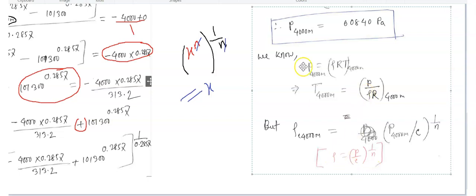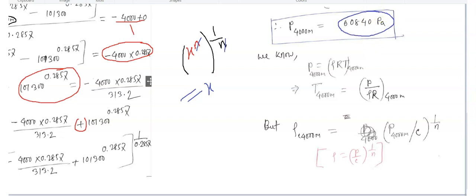So we know this equation, rho equals P over C1 by n, where C is constant and n is constant. If we substitute the pressure for 4000 meters of altitude, which we calculated a couple of minutes back, we will get the density for 4000 meters of altitude. Then we will have everything, and we will be able to calculate the temperature.